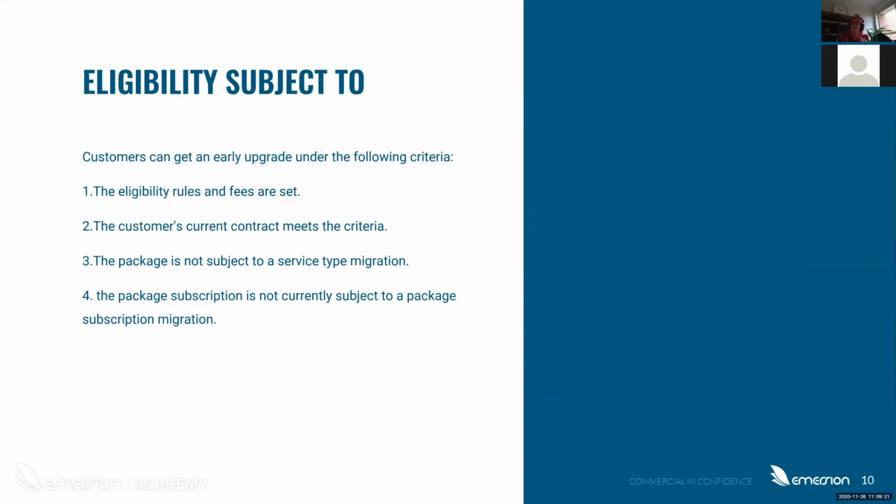The customer's contract needs to meet the criteria, and there can be no other migrations or orders happening on that particular subscription at one time. If it's already subject to a migration or partway through one, we're not going to want to start an upgrade as well. So any other orders relevant to that subscription need to be finalized first. And then, of course, you get your options to upgrade.